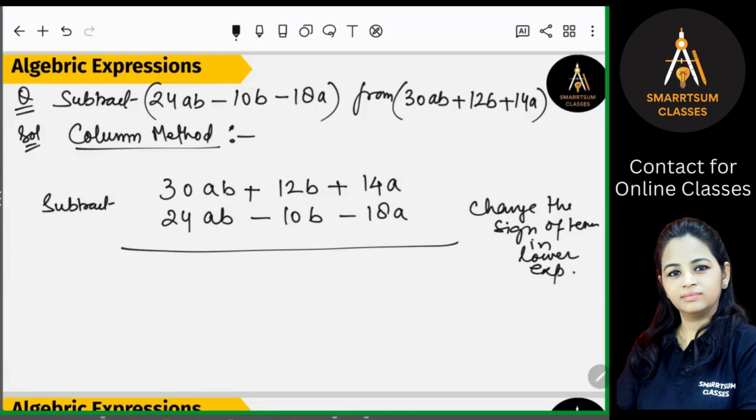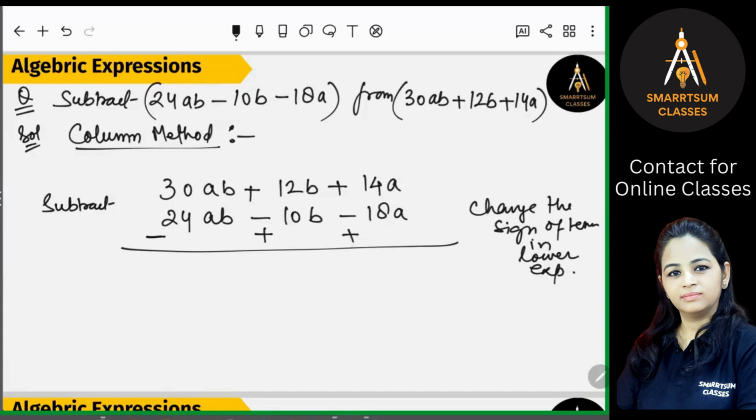Is that clear? What we have to do? We need to change the sign of all the terms in the lower expression, right? So 24ab is positive, so we will write a negative sign here. 10b is negative, so we will make it positive. Now 18a is negative, so we will make it positive, right?